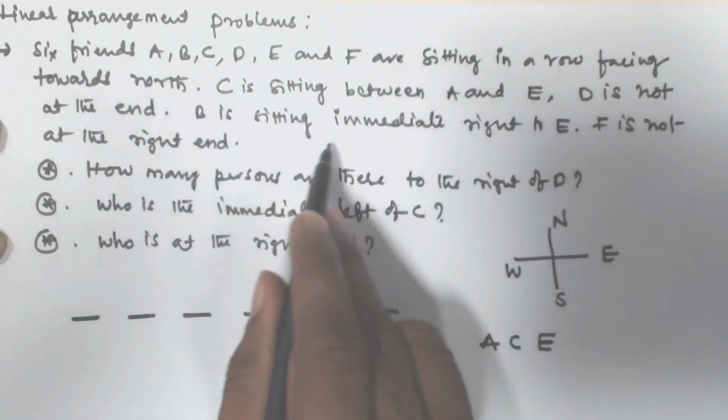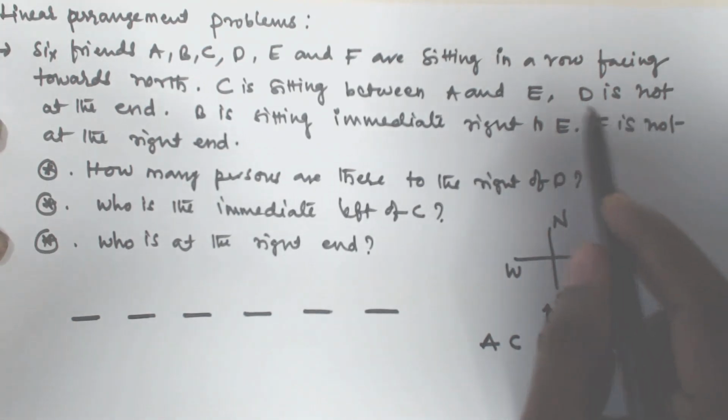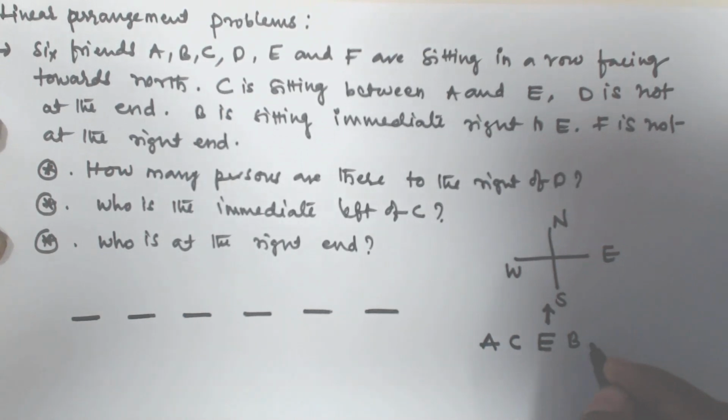B is sitting immediate right of E. E is facing north, right? So B is sitting here because this is the right hand side of E. So F is not at the right end. It is given that D is not sitting at the end and F is not at the right hand.